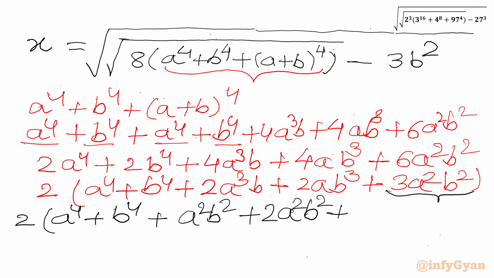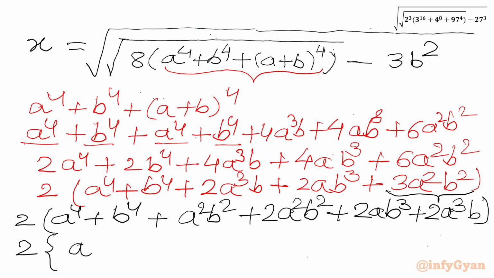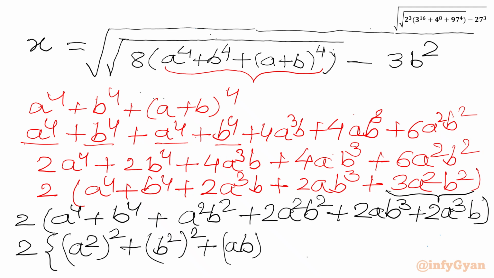Now we can write 2ab cube and then we can write the last term 2a cube b. Now if I write a power 4, then I can write here a square whole square, b power 4, b square whole square, a square b square, we can write ab whole square, and then we have 3 terms which I will write 2 times a square times b square.